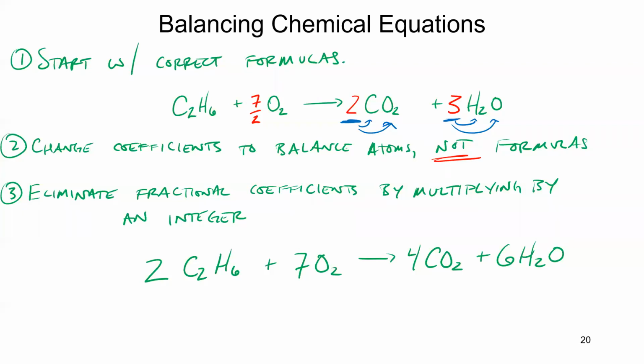I've got 4 times 2, that's 8, plus 6 times 1, that's 6. So 8 and 6 is 14. And so I'm all good and balanced here. Okay? ALEKS has plenty of good equation balancing practice. They do get a bit trickier from here, but not terribly so.